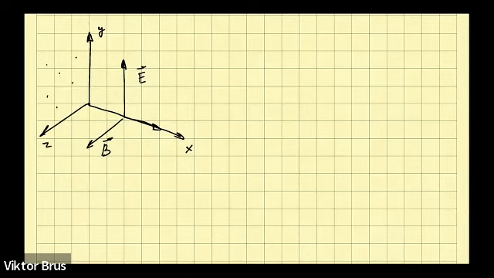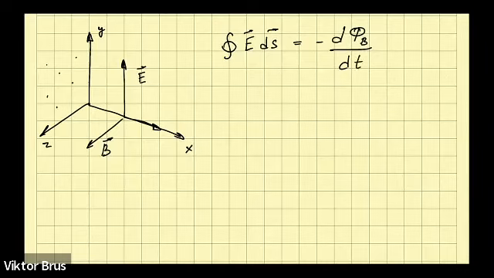equations. So we can write it here: the integral over a closed path of the scalar product of electric field times ds vector is equal to minus dΦB over dt, the first derivative of the magnetic field flux.